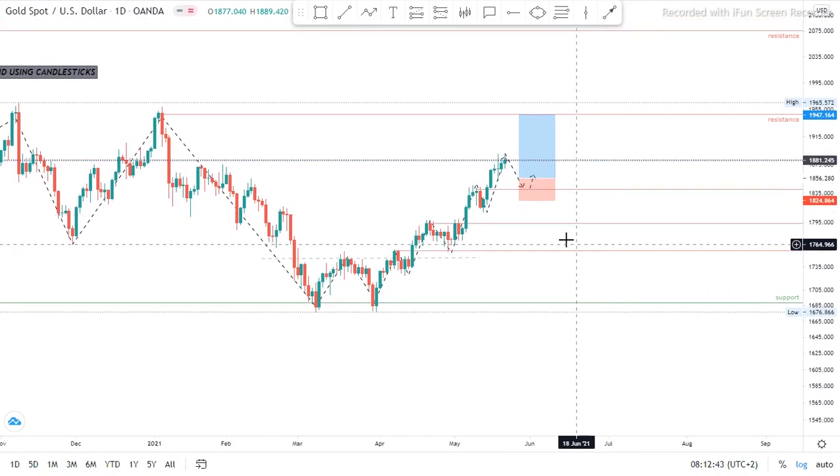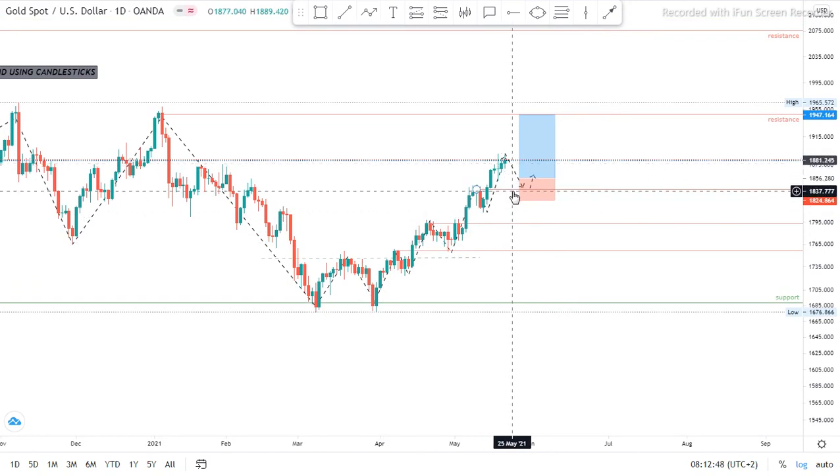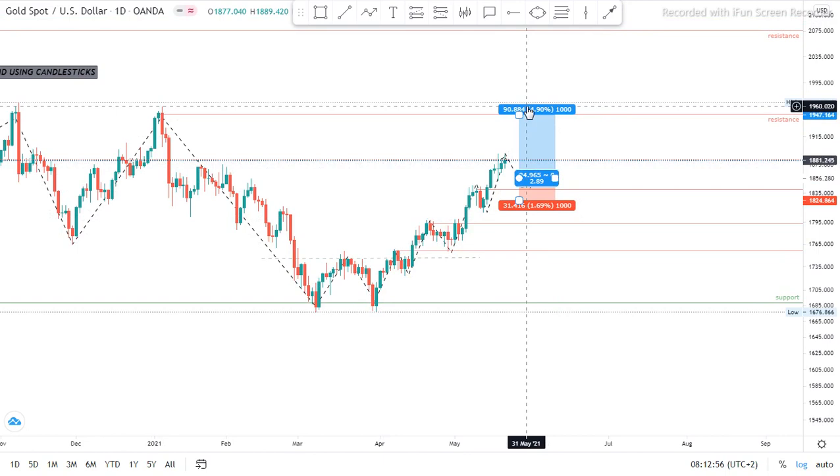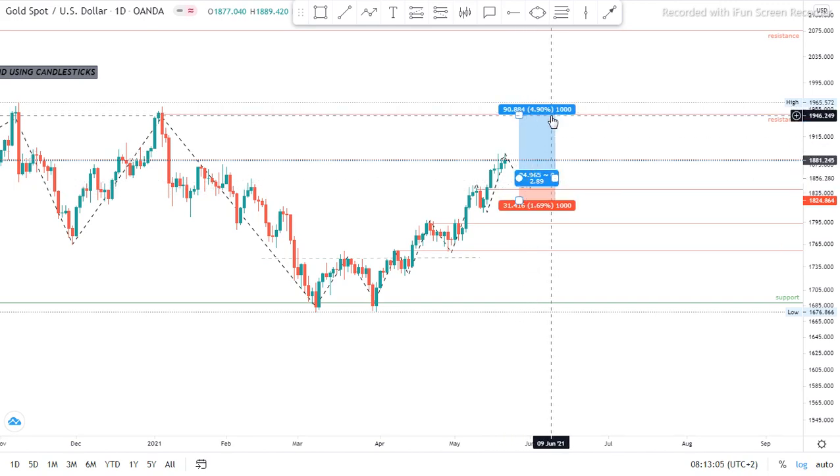You can't always be looking at the chart, guys, when there's no opportunities, unless you want to sell, but that's moving against the trend, and I don't like doing that, because from here price can actually set a level and continue moving up. So that's why I would rather wait for a retest and then catch the movement all the way from down here, moving to our resistance point of 1946.